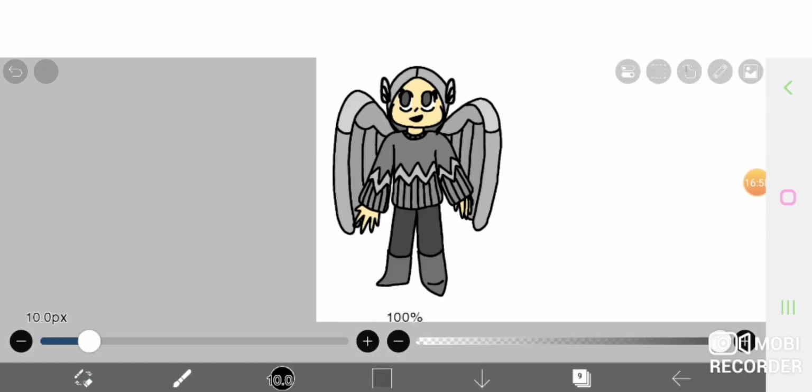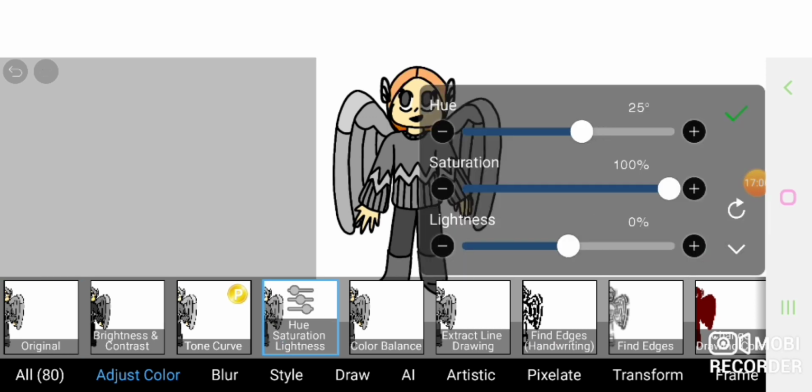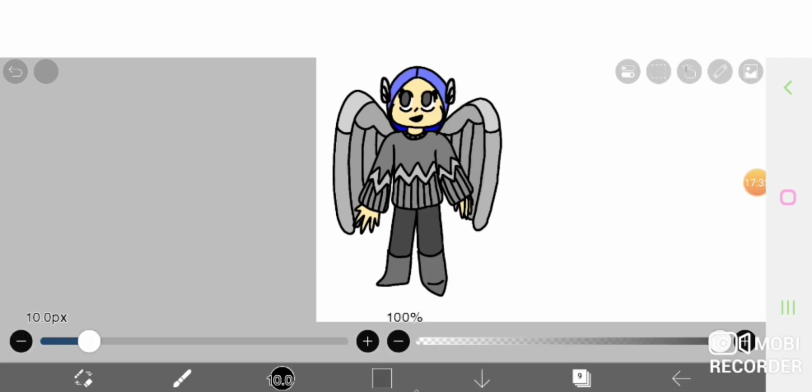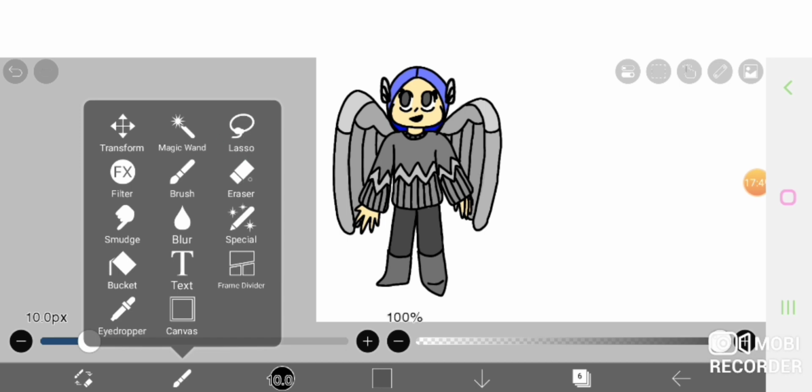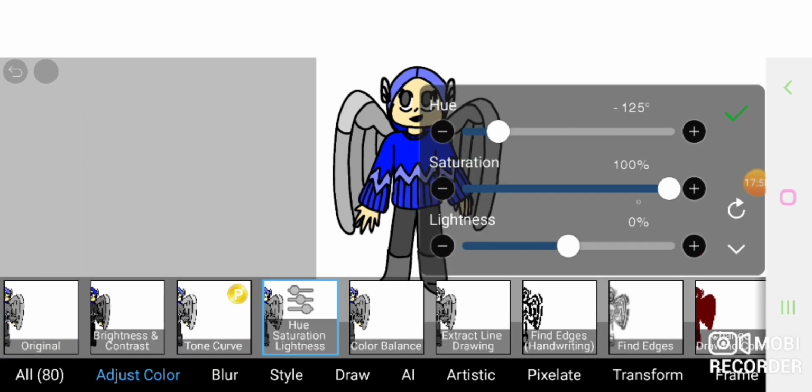I had a general idea of what I wanted the colors to be, although I had to change it up a bit just to add a little more contrast, because this character in my head was just a lot of purple. That's all they were.